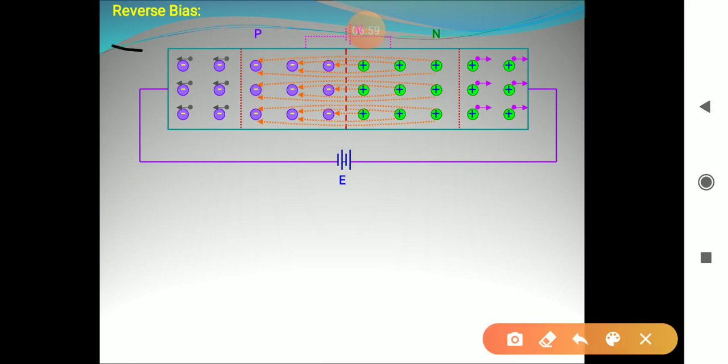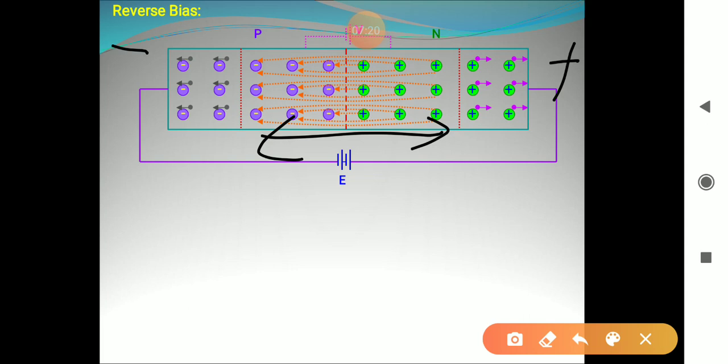That this negative terminal pulls the holes towards it and positive terminal pulls the electrons towards it. So majority charge carriers, electrons and holes are pulled away from the junction, and as a result, the thickness of depletion layer increases.